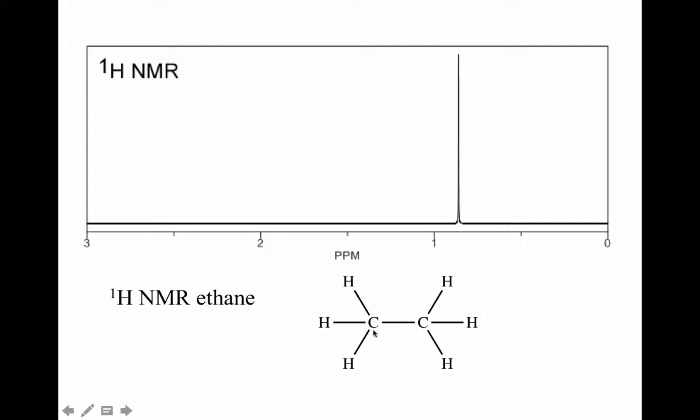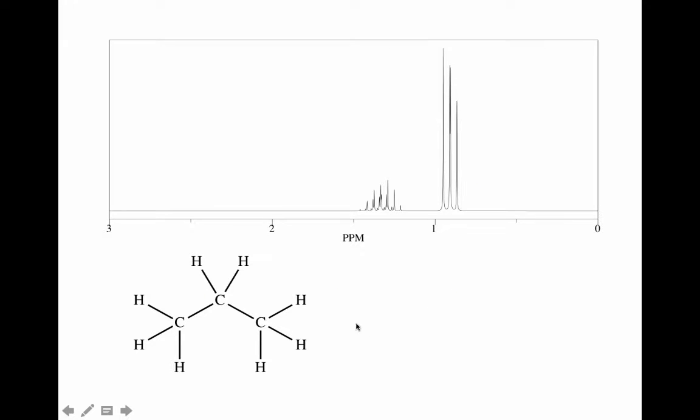So just to show you what you're looking for if you actually see the NMR, this is what the NMR spectrum will look like. All of these hydrogens are in the same chemical environment, and I only see this one spike. If we look at this, remember I had these hydrogens in one chemical environment and these in a second chemical environment.